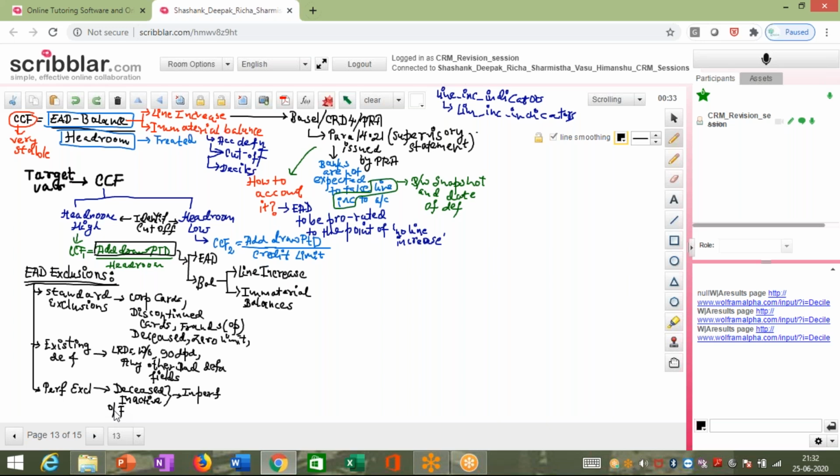Now, one thing you can see is that the PD model and the EAD model we are talking about flow together. This is one main reason why the people who develop the PD model also develop the EAD model.